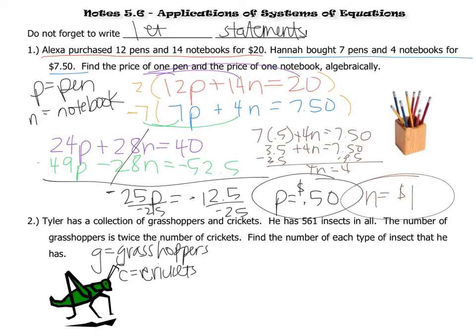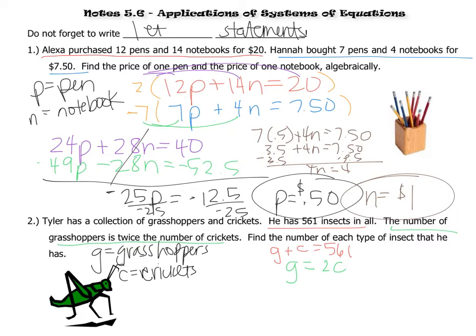So the first equation is that he has 561 insects in all, which means all of the grasshoppers plus all of the crickets equals 561. The second equation is the number of grasshoppers is twice the number of crickets. So the number of grasshoppers is, remember, is an equal sign, twice the number of crickets.